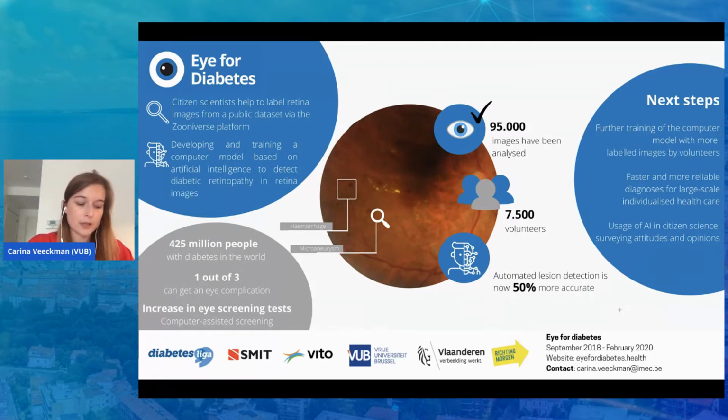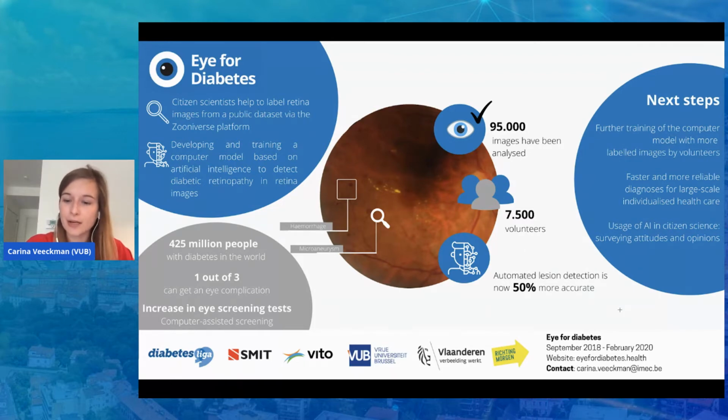Finally, some next steps for our project. So Vito, who is developing the computer model, is still investing in this training, and we are encouraging volunteers to continue their efforts. So if you go to the website i4diabetes.health, you will be directed to the Zooniverse platform, where you can label the retina images.